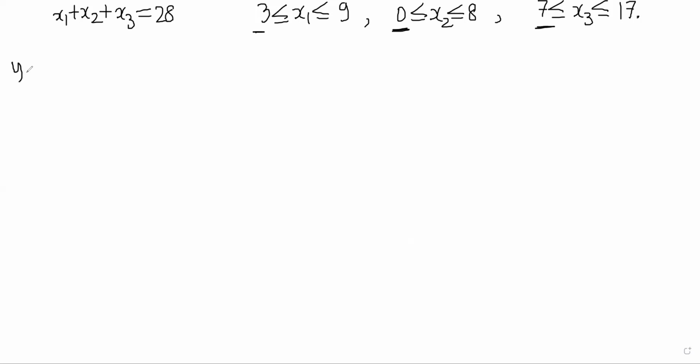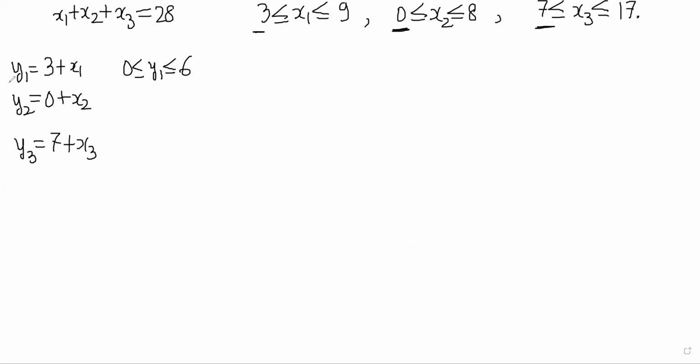We can define a new variable y1 as 3 plus x1, y2 as 0 plus x2, and y3 as 7 plus x3. Now we can say that y1 can be from 0 to 6. No, I have made a mistake here.